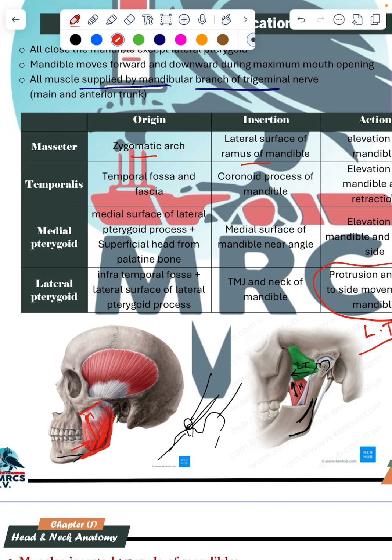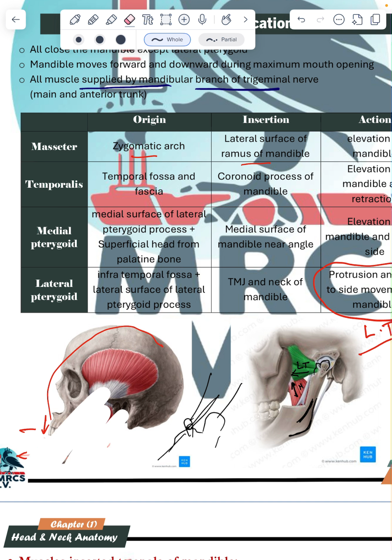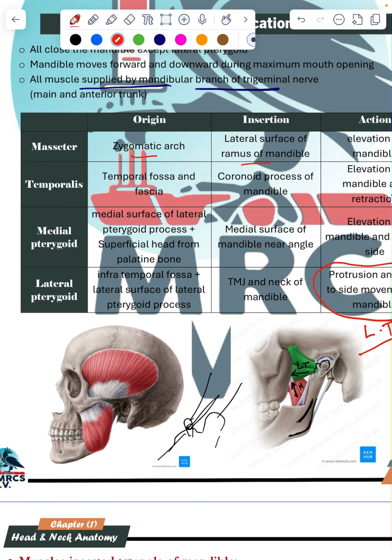Whenever chewing movement is there, it is not just closing and opening. It has to move somewhere like this. Protraction, retraction. The lower part is protracting and retracting. Upper is fixed to all these. So the lower part is moving. So those are all the actions: protraction, retraction, side to side movement.